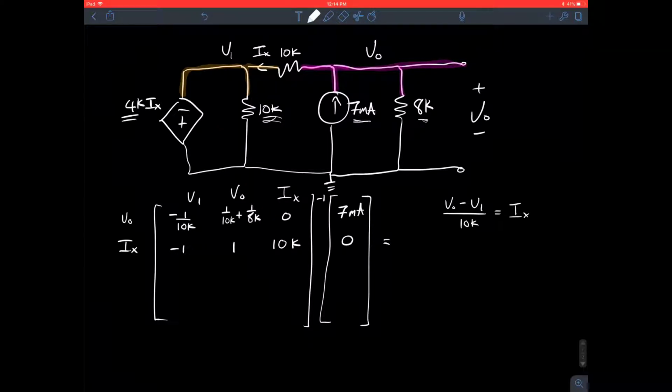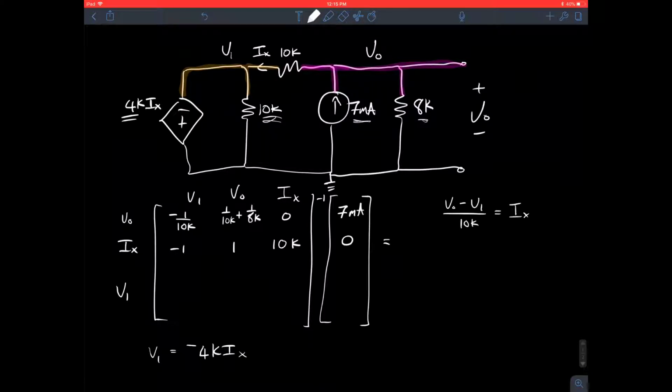So the last thing we can say is that V1 right here is connected to ground through this voltage supply right here. So we can just say that V1 is equal to the negative of 4K times IX.